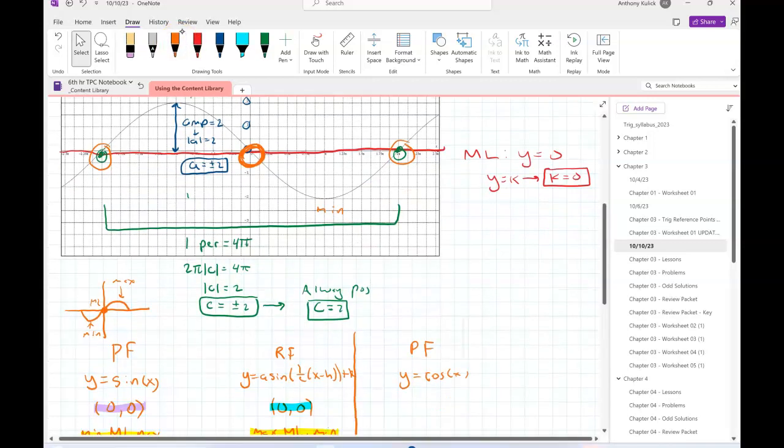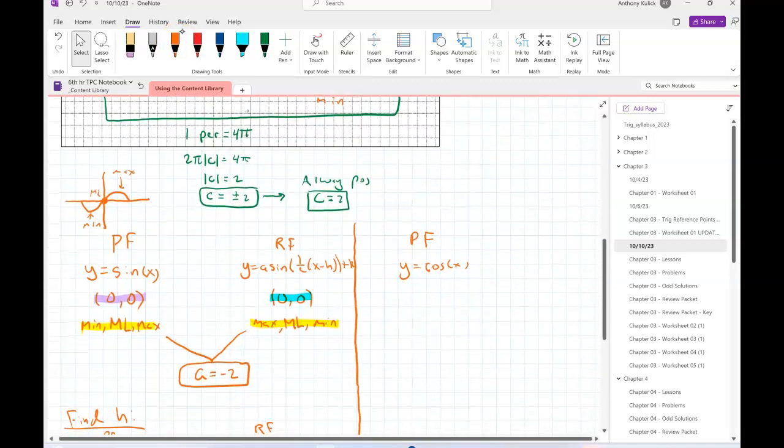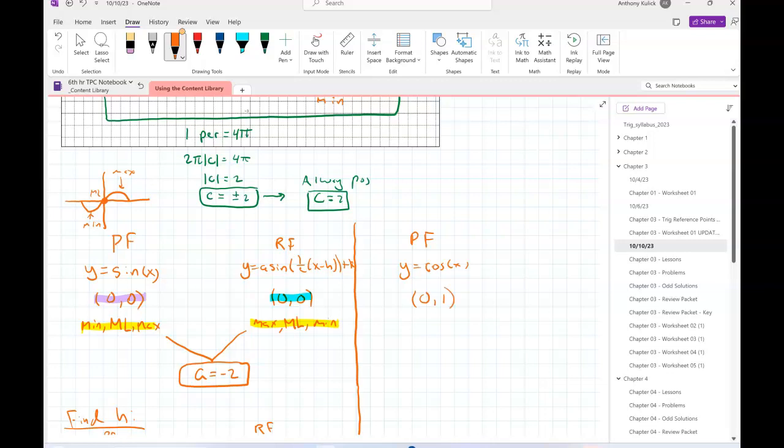Okay. Let's see what happens if I'm using cosine as my parent function. If I'm using cosine as my parent function, I'm going to use the point 0, 1. Again, remember the graph of cosine kind of looks like this, where 0, 1 is a maximum.